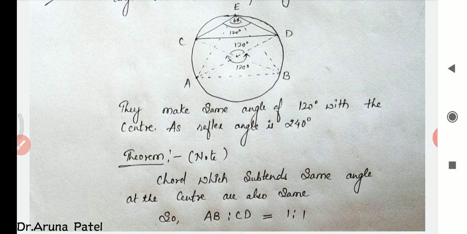This is a theorem of class 10th: chords which subtend the same angle at the center are of the same length. So the ratio is 1 to 1, because we got the same length of chord. This is the note point for this question, and also the most important theorem of class 10th. So this is all about the present video lecture.